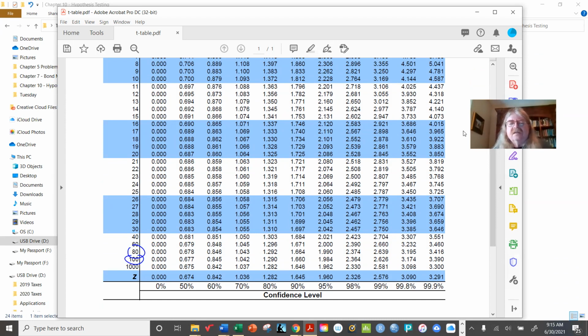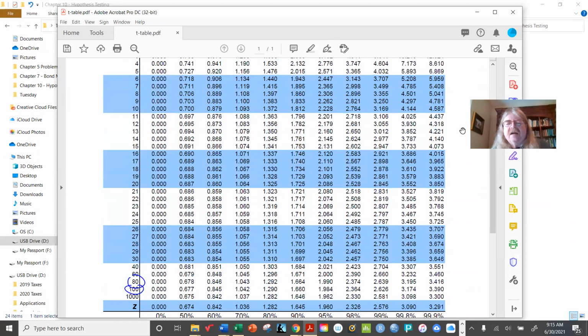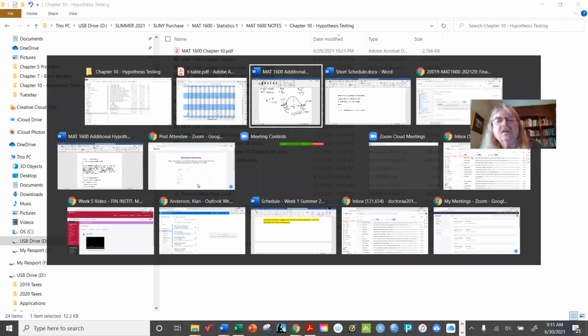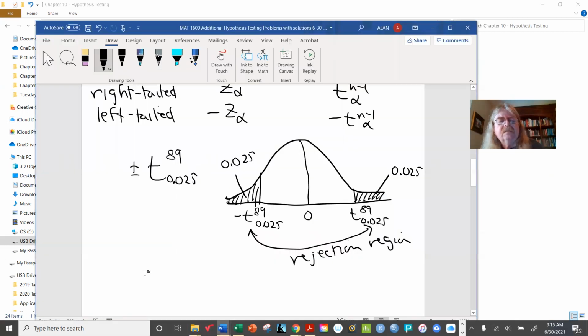Now, that would leave us with a value that is roughly halfway in between these two. And that might be good enough for many applications. We could actually go ahead and average those out and you'd get 1.987. But since we have our calculators, we'll look up the exact value.